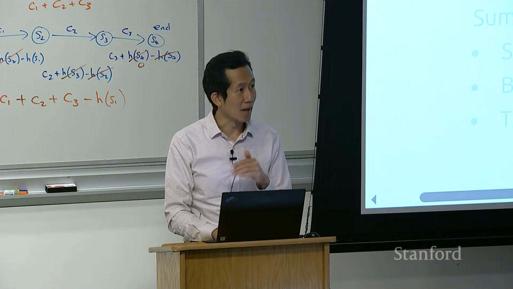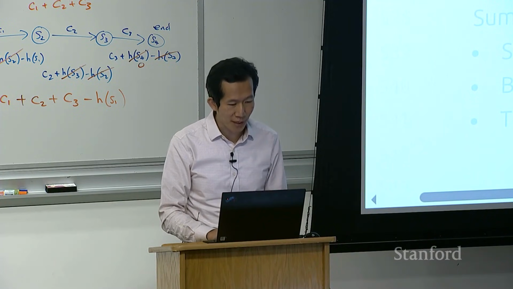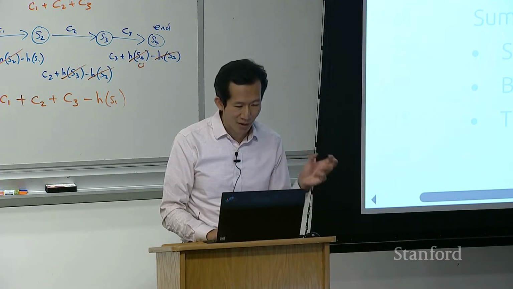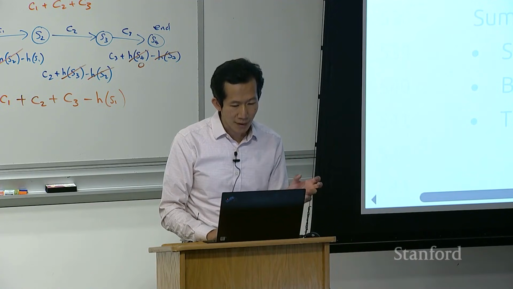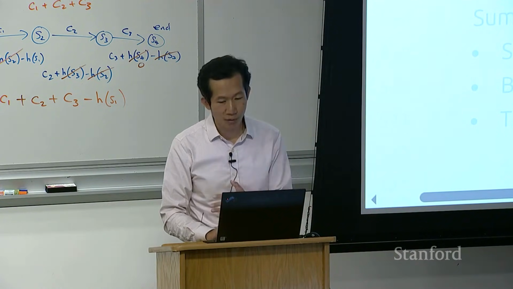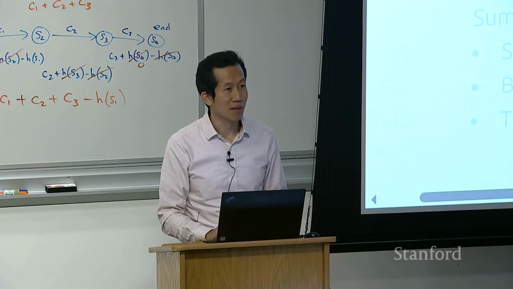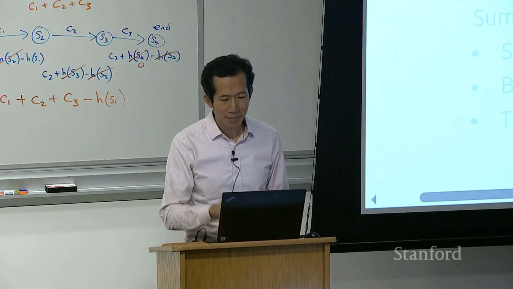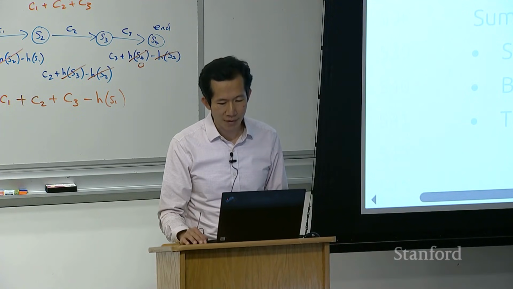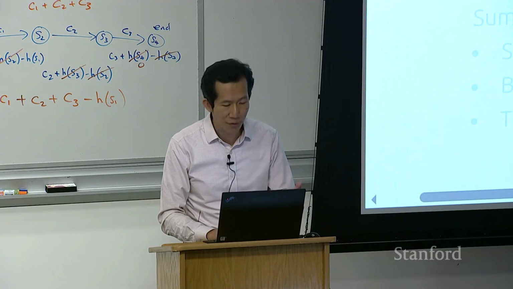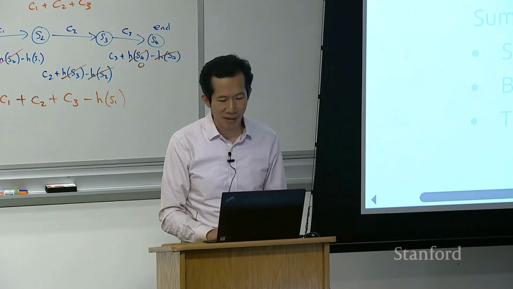And therefore, if you run UCS on the reverse problem, that gives you past costs of the reverse problem, and that's equivalent to future costs in the actual problem that you want. So it's a little bit of a trick just to get all the future costs, while computing past costs.